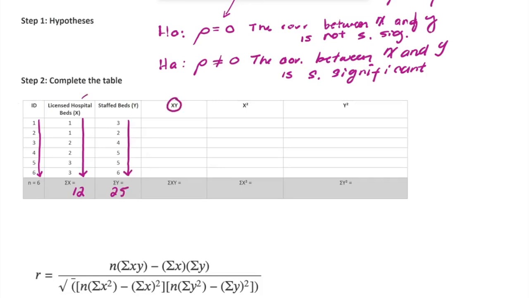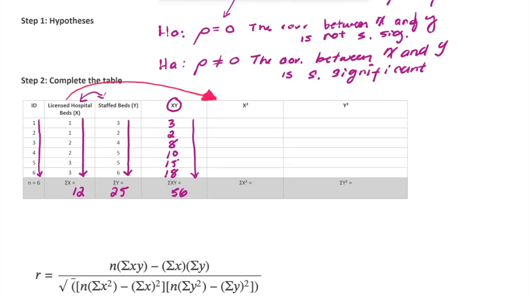Here, what we need to do is multiply across. So 1 times 3, 3, 2, 8, 10, 15, 18. Then we go ahead and add this column up, and that's going to be 56. What we have to do next is for the x, we have to square it.